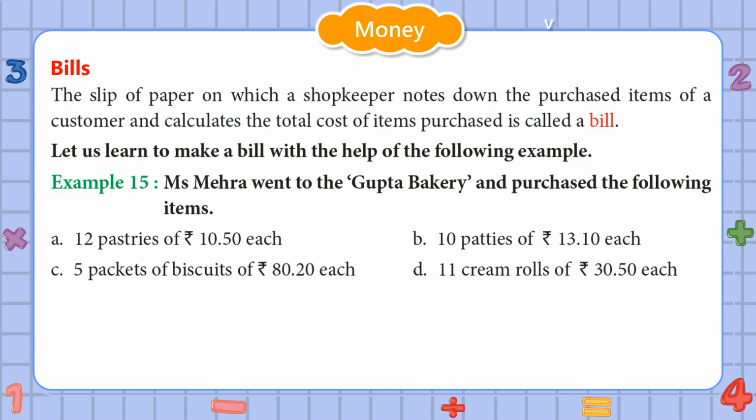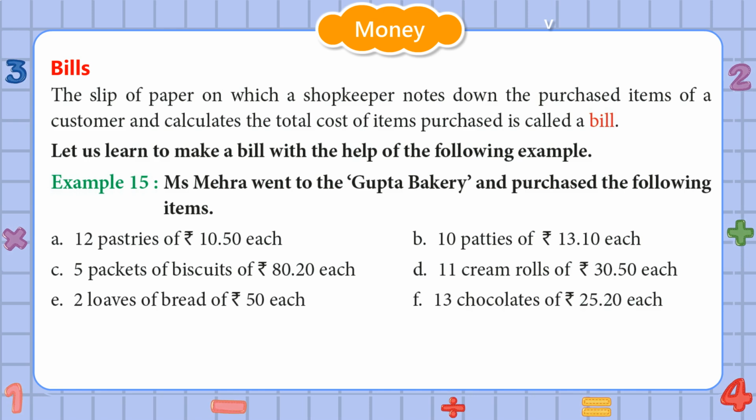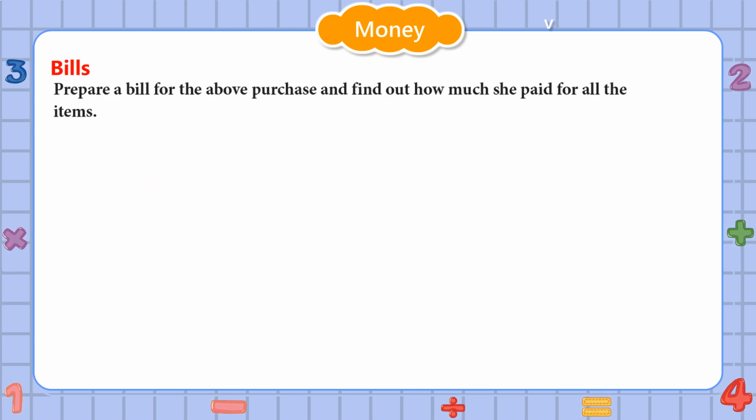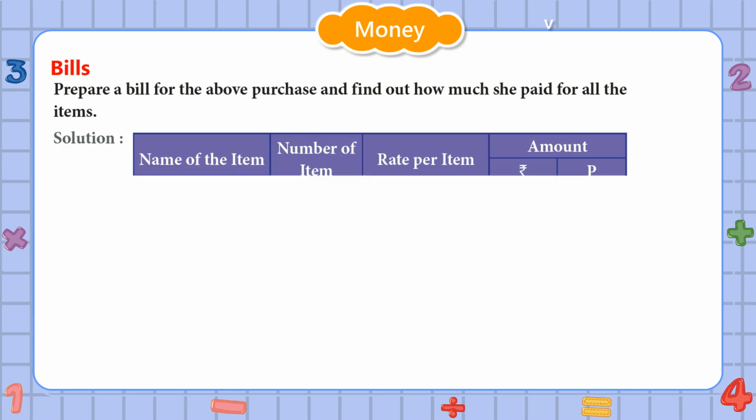D. 11 cream rolls of rupees 30 and 50 paise each. E. 2 loaves of bread of rupees 50 each. F. 13 chocolates of rupees 25 and 20 paise each. Prepare a bill for the above purchase and find out how much she paid for all the items.